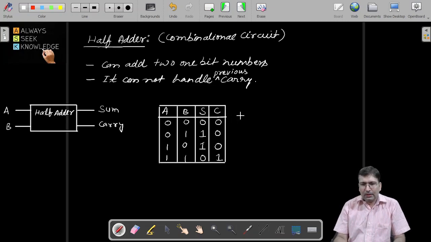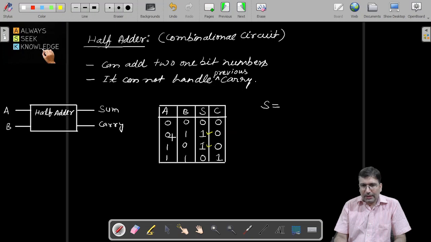All right. So if we draw the circuit for the sum and carry, first write the Boolean expression. The Boolean expression of S we can write wherever S is 1. There are two places where we are getting sum as high.